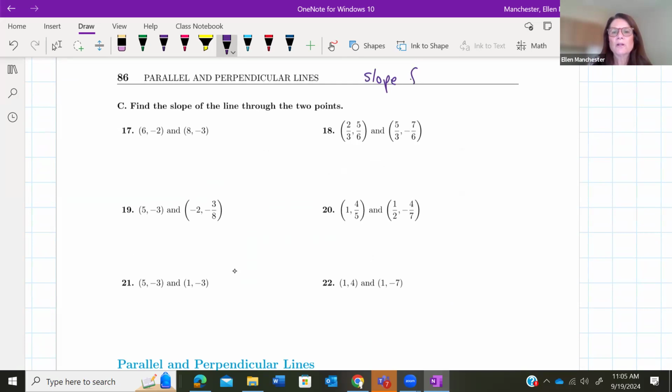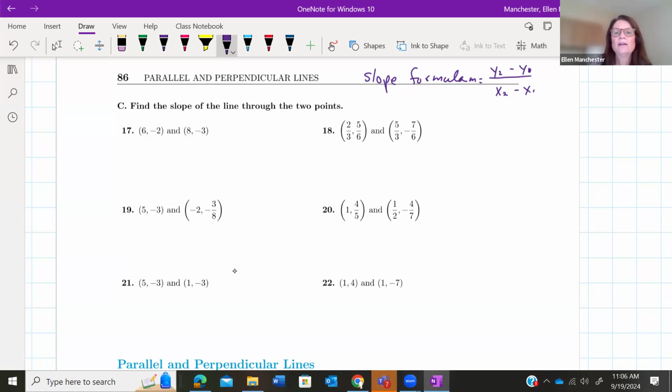The slope formula is the difference in y's, so y2 minus y1, over the difference in x's. The difference in y over the difference in x. We're going to use these same 2 points, and we know what the slope should be. The slope should be -1/2, right?